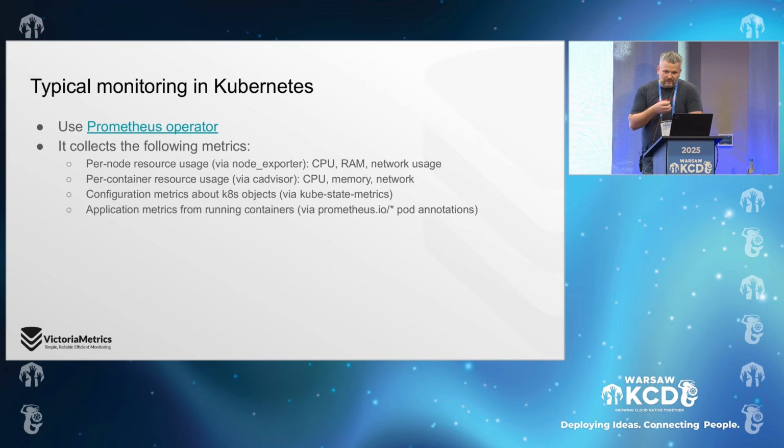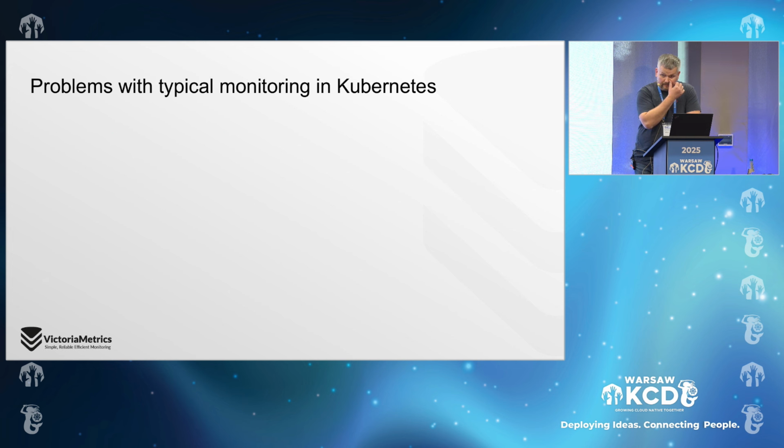And Prometheus operator allows collecting metrics from your applications which you deploy in Kubernetes if you properly annotate these deployments and pods via Prometheus annotations. And if you use Prometheus operator in your Kubernetes and you run many deployments, many pods in your Kubernetes, then I think that you are familiar with the following problems.